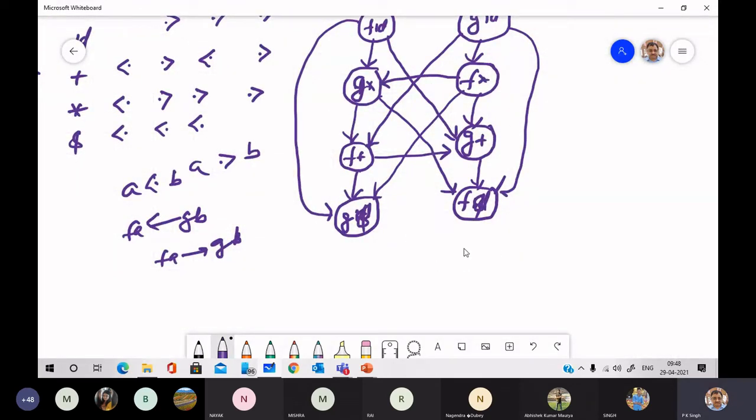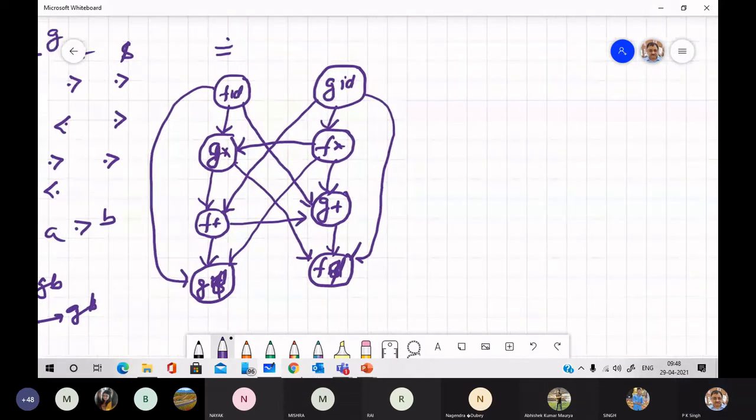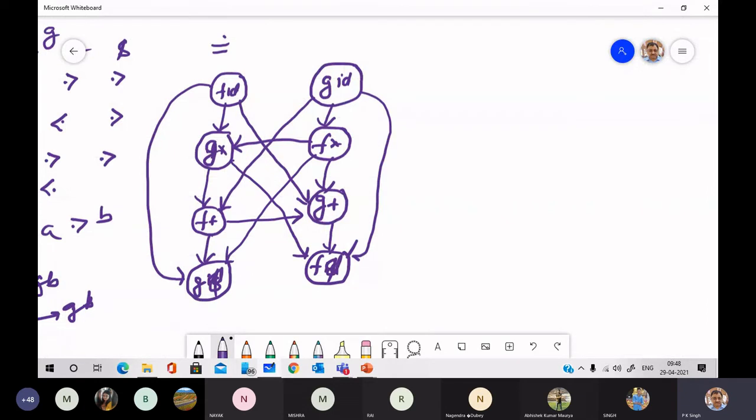Table is like this. You can compute the table. The symbols are ID, plus, asterisk, dollar, F function, G function.